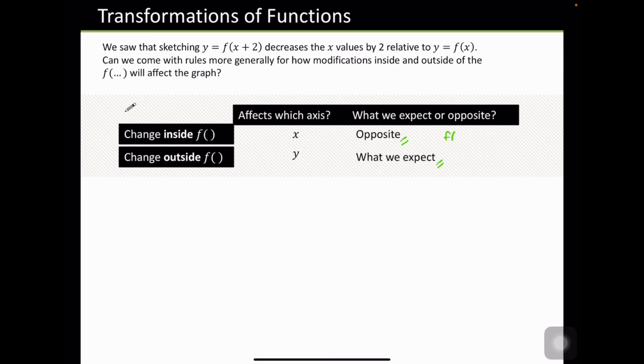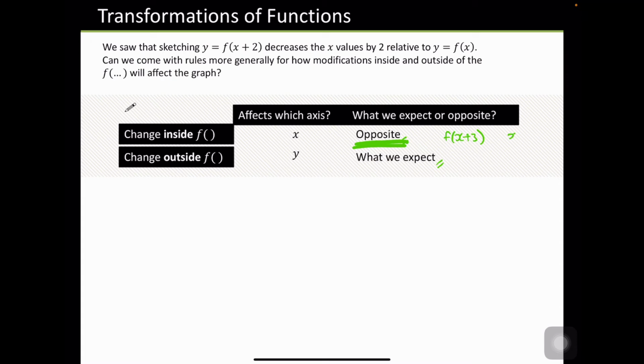if we have f of x plus 3, naturally we'd expect it to shift to the right, because we're adding 3, we're expecting the x value maybe to increase by 3, and that's why it's opposite, because we're not shifting to the right. X is not increasing by 3.